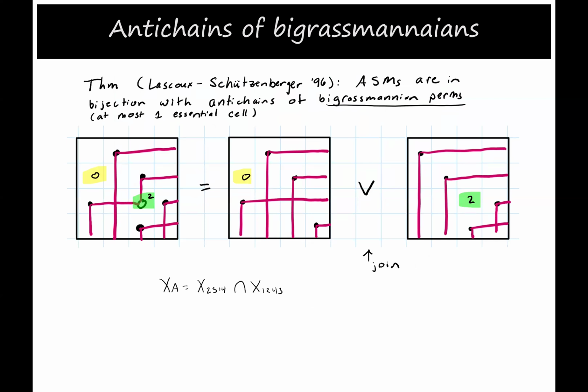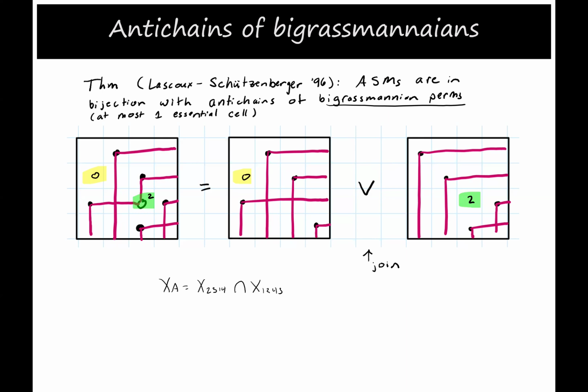And you can also go back to Lascoux and Schützenberger's structure theorem about this poset of ASMs, where they showed that the bigrassmannians, the permutations that are Grassmannian but whose inverse is also Grassmannian, are the join irreducibles. The fastest way to see it in the diagram is that their Rothe diagram is a single rectangle. The bigrassmannians are the join irreducibles in this poset of ASMs.